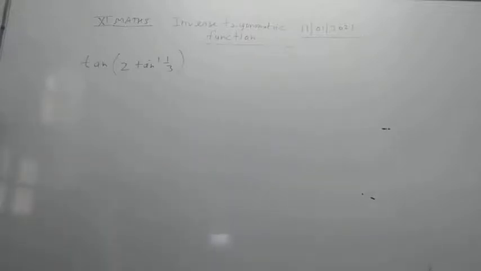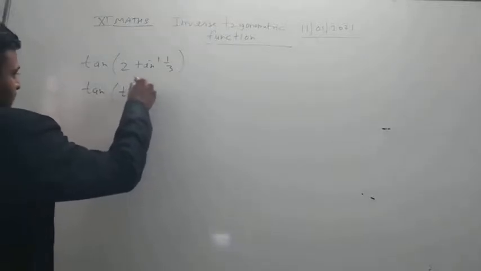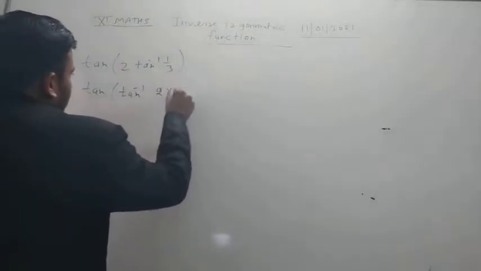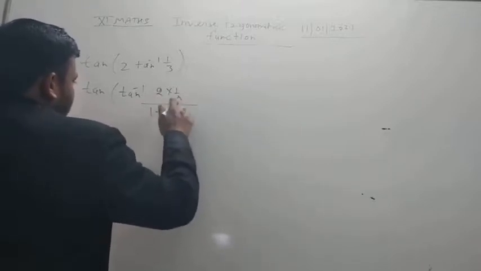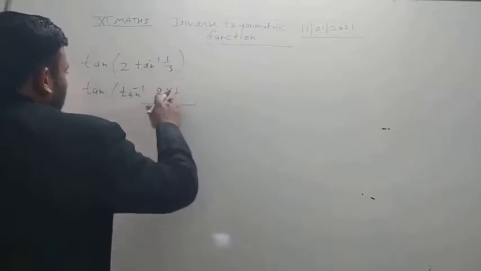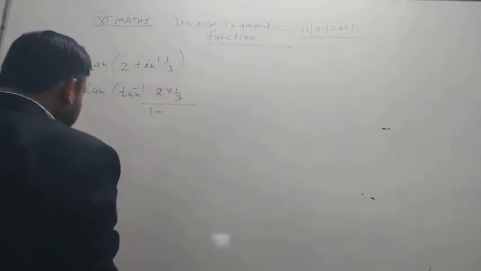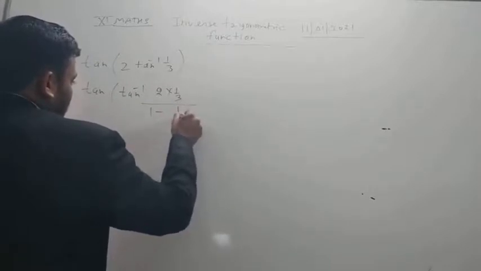We know the formula: 2 tan inverse x is tan inverse of 2x by 1 minus x square.